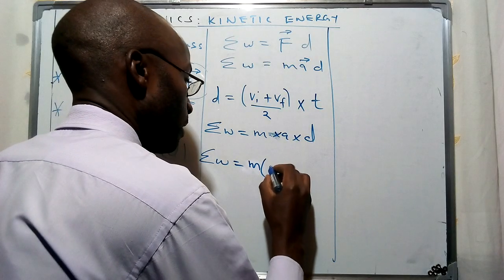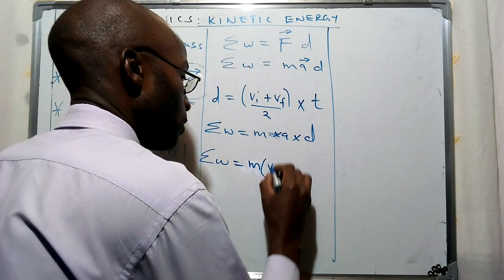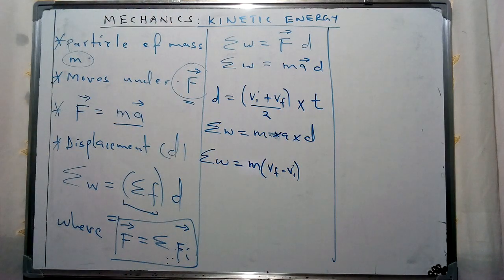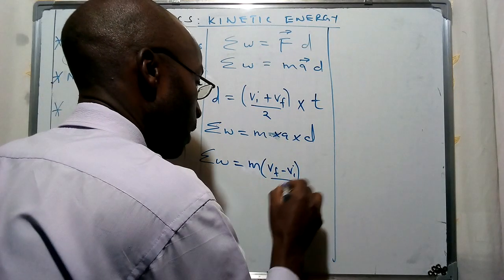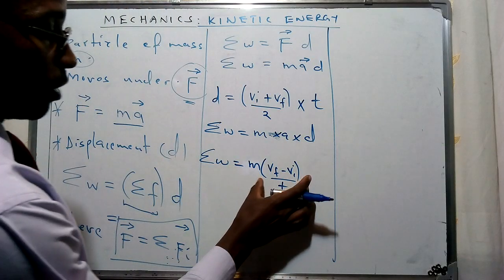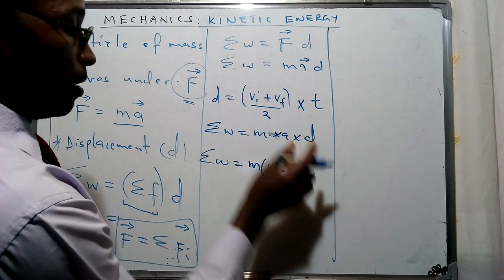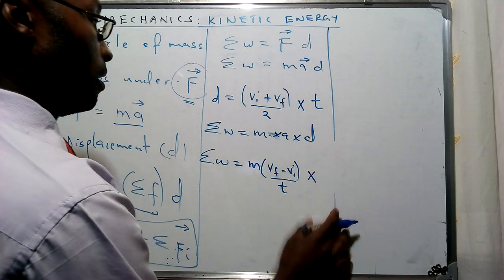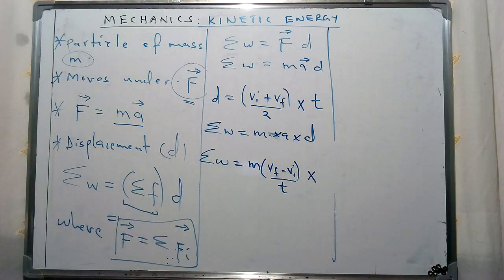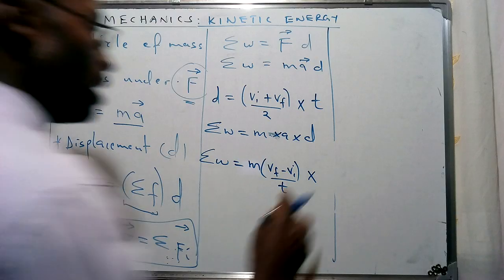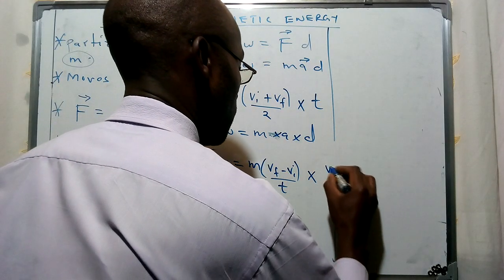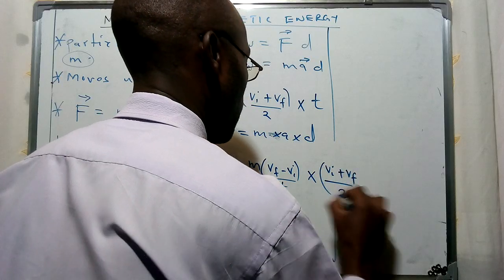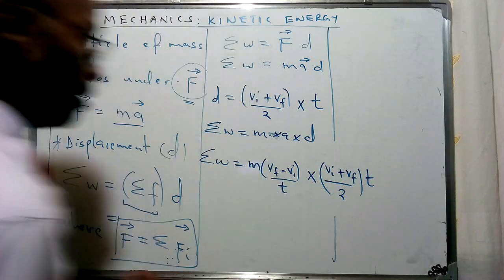So that is going to be the velocity final minus the velocity initial with respect to time, and this is going to give us an element of acceleration. Then we multiply this by the distance, which we have given in terms of average velocity times time, that is Vi plus Vf all over 2, times time.